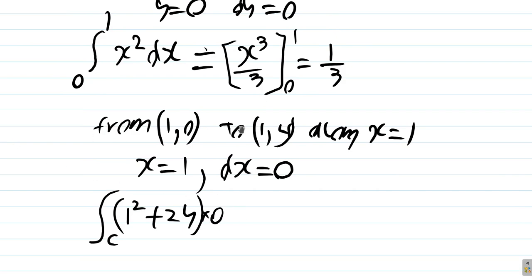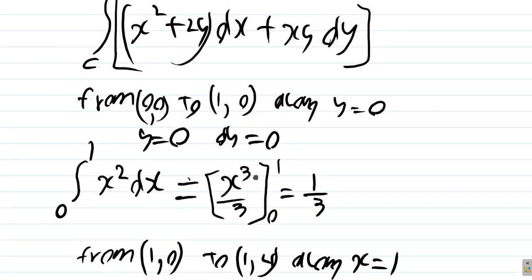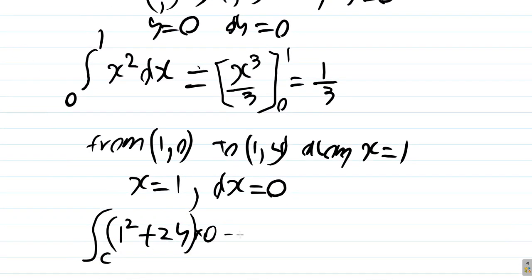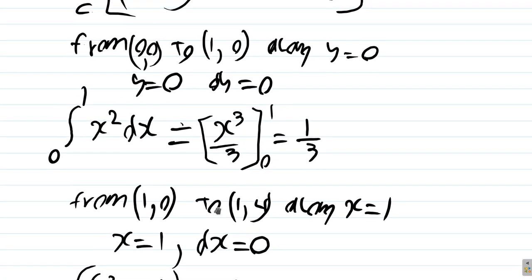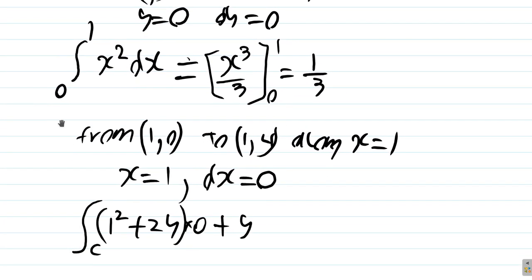Alright? That would all reduce to 0. Plus xy, but x is 1, so this is 1y, which is just y. So I can write the y here, plus y dy. There's a change in y, so it's dy.